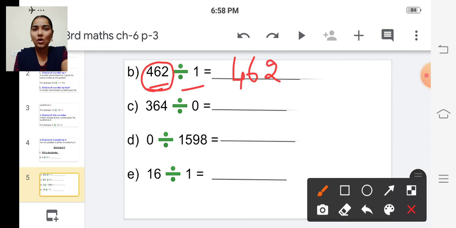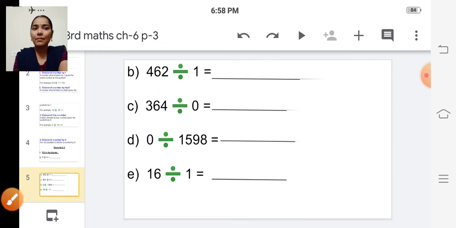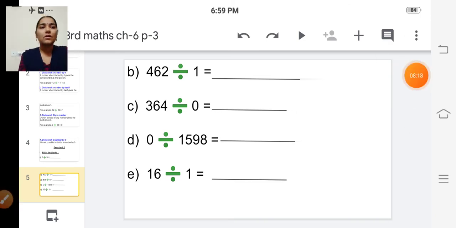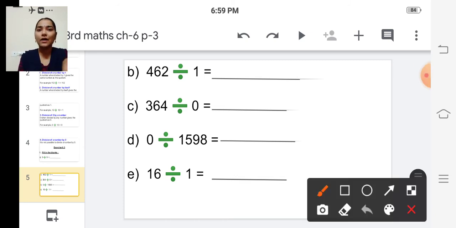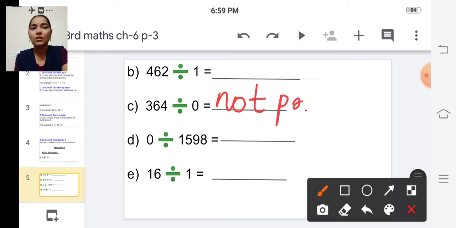That is the fourth property of division, isn't it? So, here we have to write not possible.